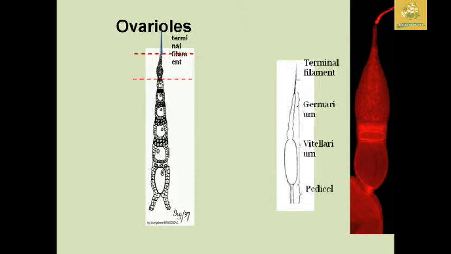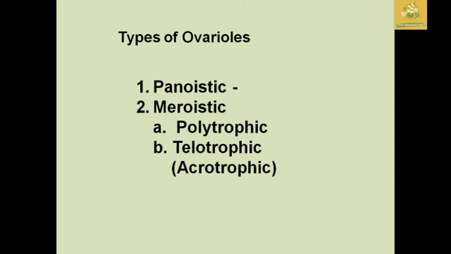The germarium is composed of 2N, whereas the vitellarium is composed of single N. The types of ovaries are Panoistic as well as Meroistic. In Meroistic there are two types, polytrophic as well as telotrophic, where the other name of telotrophic is acrotrophic.